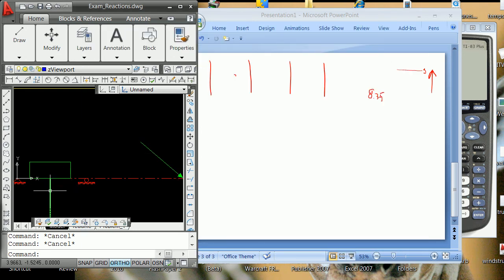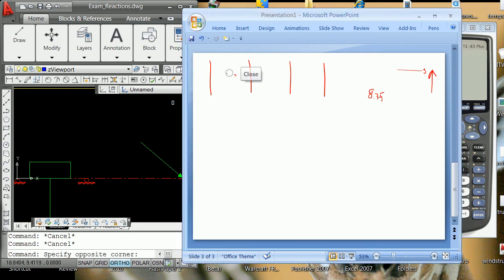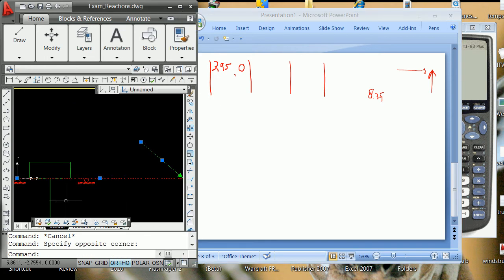Now, of course, you can start going through and highlighting and writing up your matrices. So that first one is at a location of 3.95 and 0. So you can go over here. The point of force is 3.95, 0. At a location 3.95, 0, you go back to here.